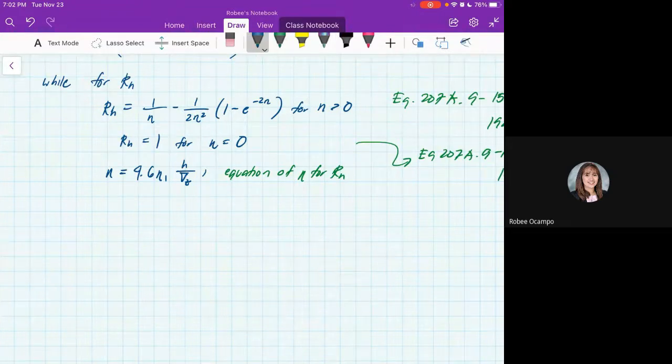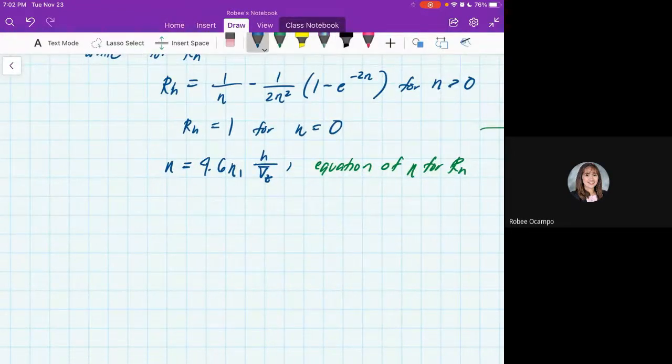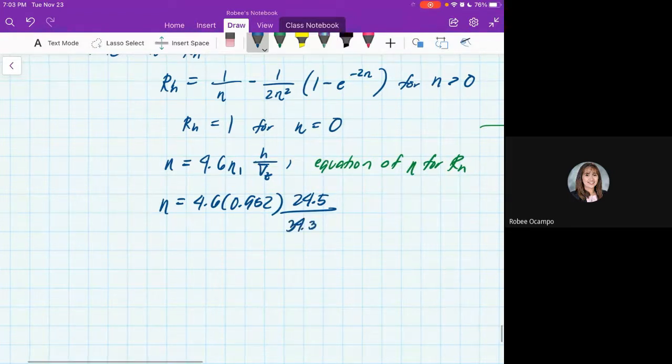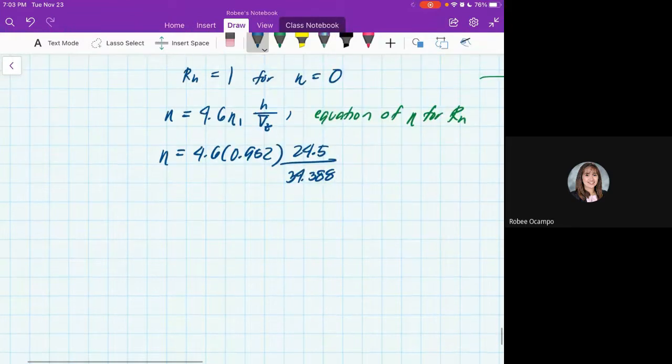Now, let's substitute. For nu, you have 4.6 times 0.952 times 24.5 over 34.388. Who recited earlier? Mr. Gabinete?